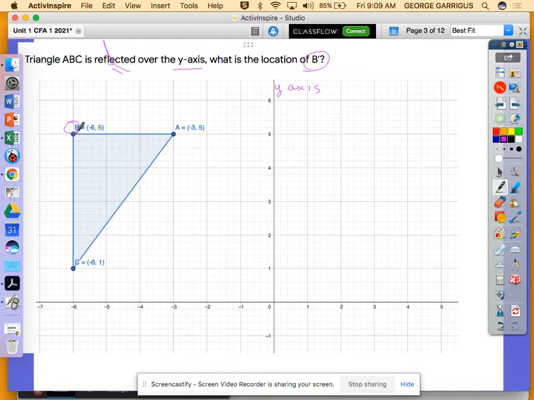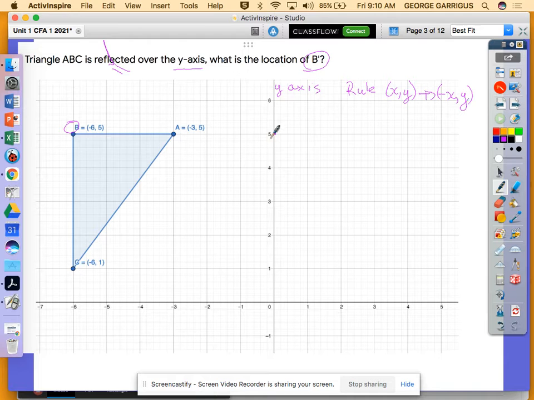So it looks like a mirror image, and we know the rule over the y-axis is that your y is going to stay the same because you're going in this direction. So we want to have the negative, the opposite, of x, comma, y.